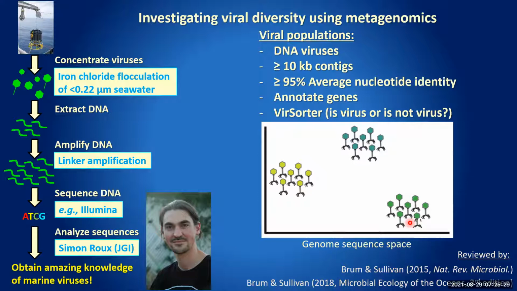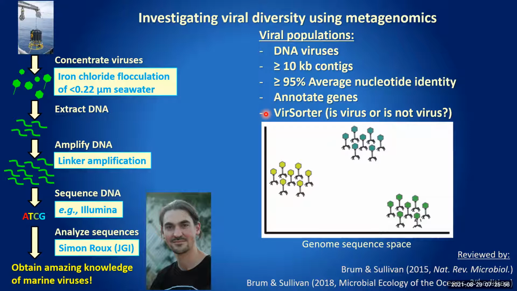So we can examine our viral metagenomes by looking at contigs that are assembled greater than 10 kb, by clustering those into groups which are over 95% average nucleotide identity, and then annotating the genes. After this, we run it through VirSorter to determine, well, is our best guess, is this a virus or is this not a viral genome?